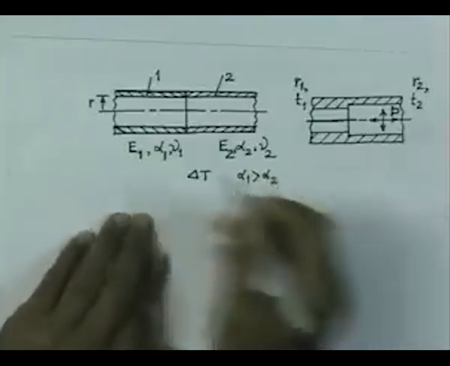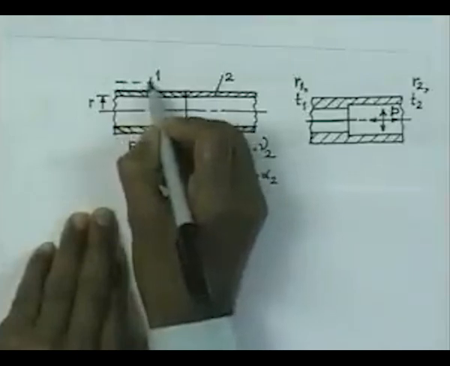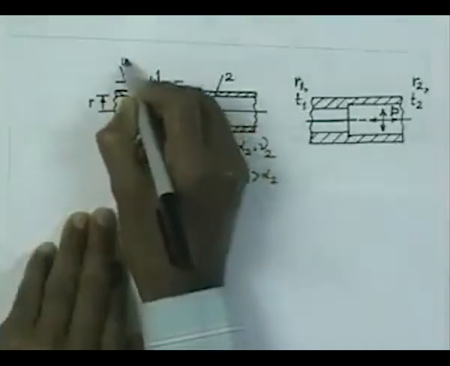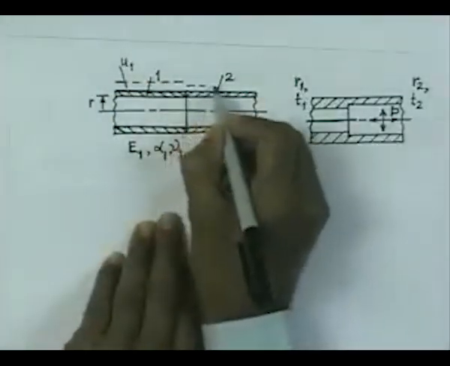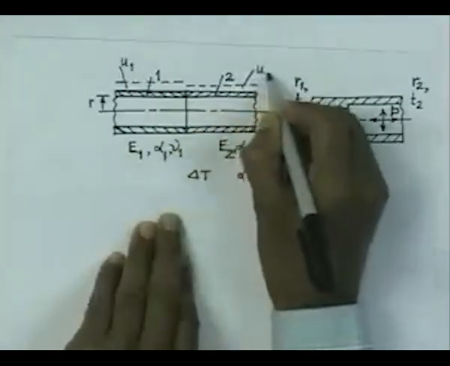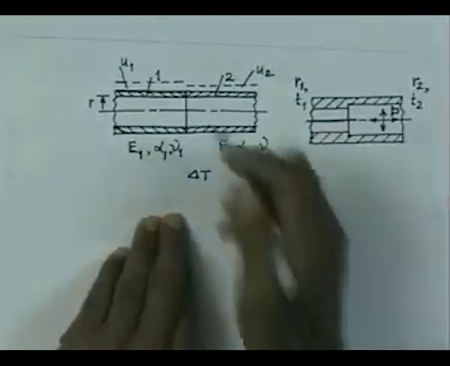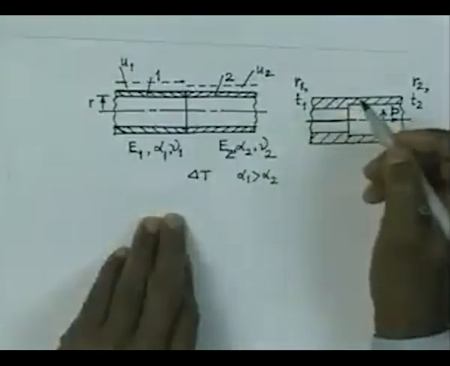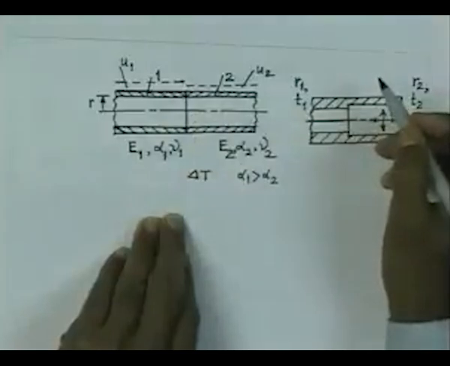So, what you expect is that this pipe on the left is going to expand radially by some amount, let us say u1, and the one on the right is going to expand by some amount, let us say u2. Obviously, this expansion u1 is more than u2, and hence at this junction you find that there is mismatch in the expansion, and this will give rise to some stresses in the neighboring region. So, these are local stresses.